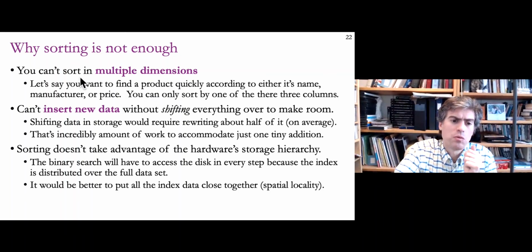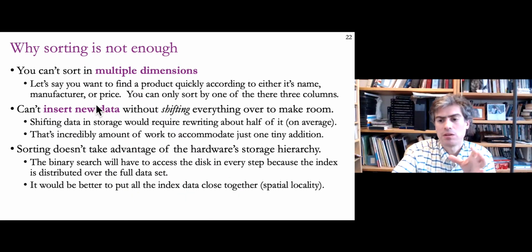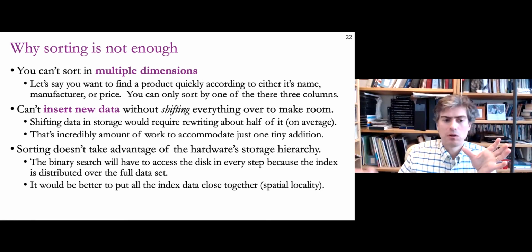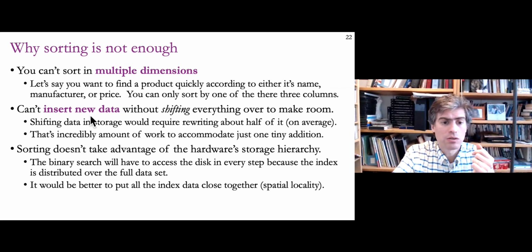Sorting is not enough if you want to index in multiple dimensions, because what sorting relies on is the physical placement of elements in a certain order. But you can only do that in one way. So if you have a products catalog and you want to find products quickly, either by the name, the manufacturer, or the price, sorting is not going to solve that problem.